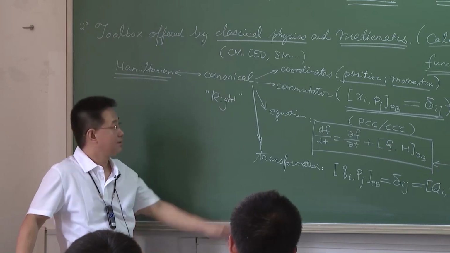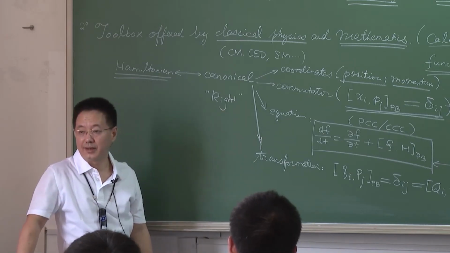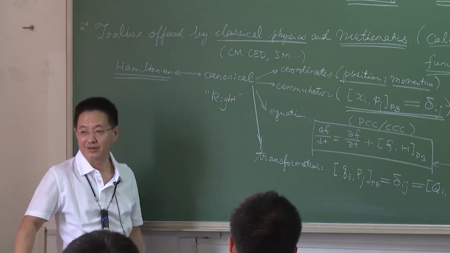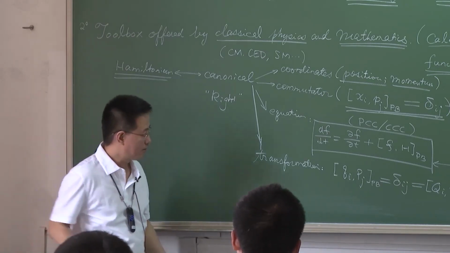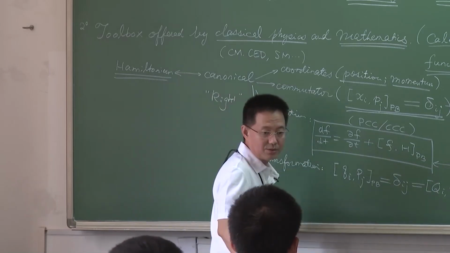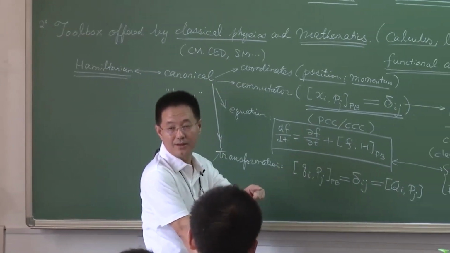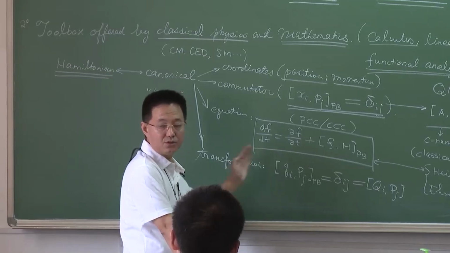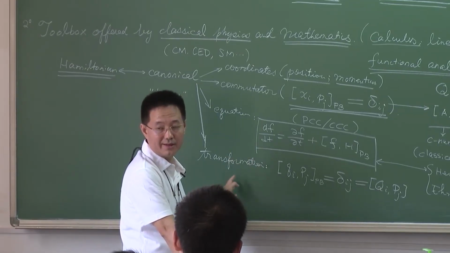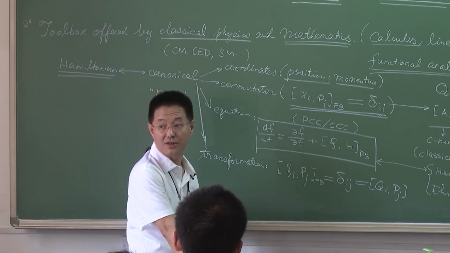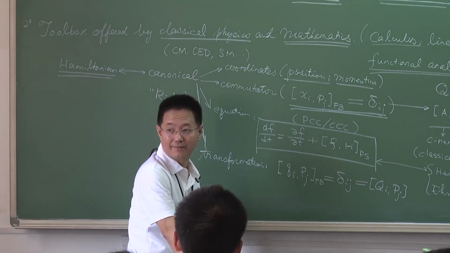And then the commutator should be canonical, the transformation canonical, everything should be canonical. Then you get some right results, and even if you have canonical transformations, nothing will be changed. Got it? Okay.